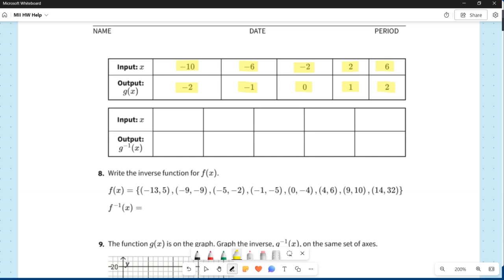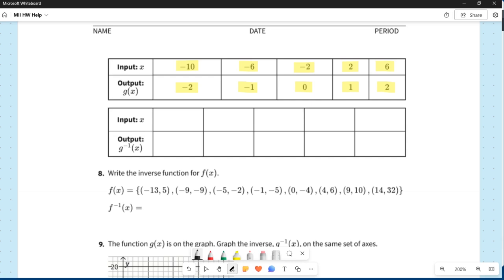The second table, the table that we're going to fill in, is the inverse function of the function that we're given. It is g inverse of x. The whole idea behind an inverse function is that it undoes the original function. With a function, you plug in x and you get, let's say, y. With an inverse function, you take the output from your original function, the result.